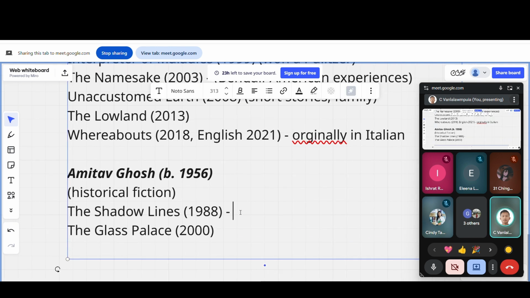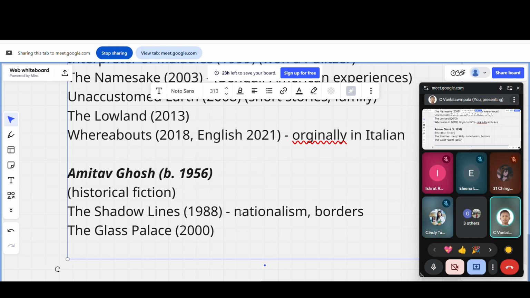The Shadow Lines mostly talks about nationalism, okay? Nationalism, borders and all. The title, The Shadow Lines, is a very catchy phrase, because it talks about lines. When he mentions lines, he talks about borders, like country borders that are drawn. These lines separate us.